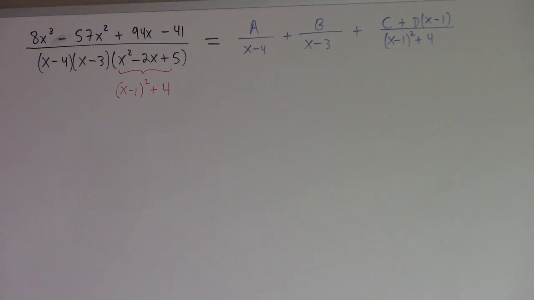Now all we got to do is find a, b, c, and d, and then we'll have found the partial fractions decomposition, which then means we could integrate this thing if we wanted to, right? So what's our next step?